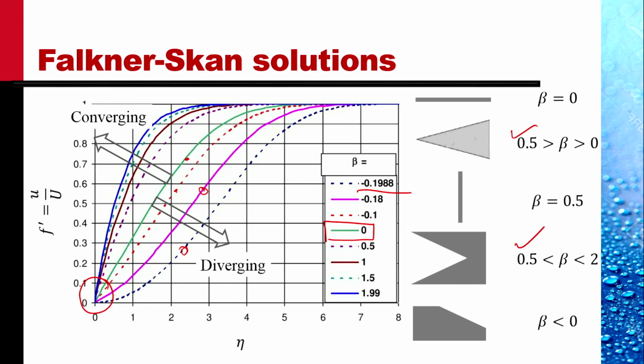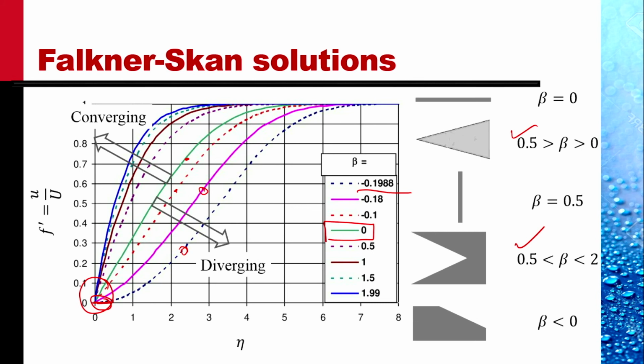What is the significance of this value? This is the value when the shear stress at the wall reduces to 0. That means the gradient of velocity at the wall becomes 0. Any further decrease in the value of beta would result in a reversed flow.